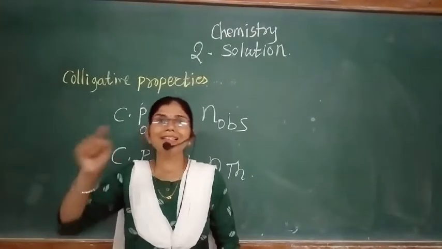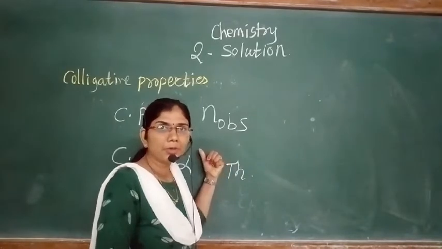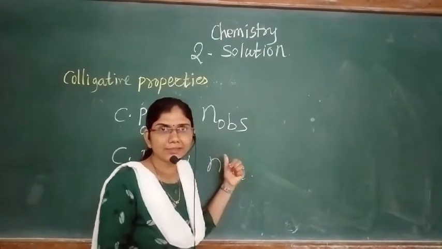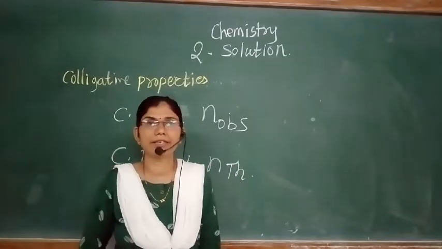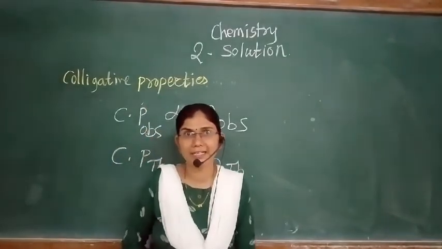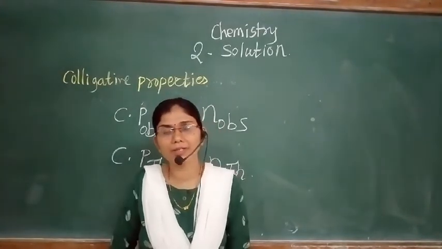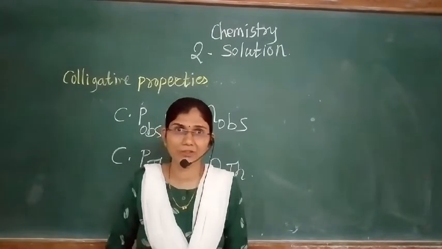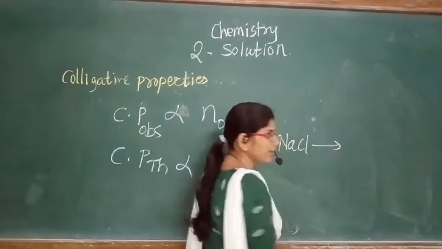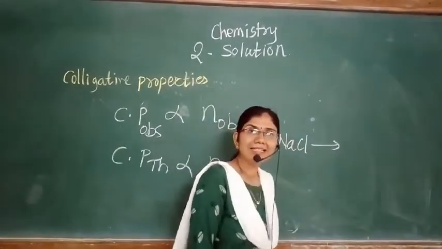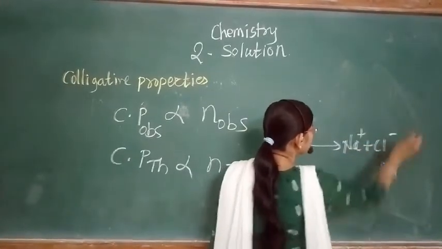But for the electrolyte, that means for the observed colligative property, the electrolyte gets dissociated or associated, and therefore the number of solute particles changes. For example, consider NaCl. NaCl is an electrolyte that dissociates into Na plus and Cl minus.